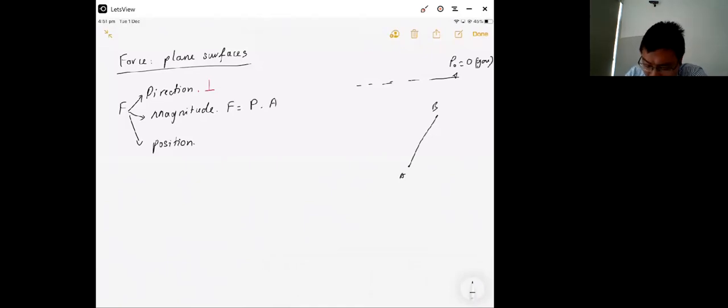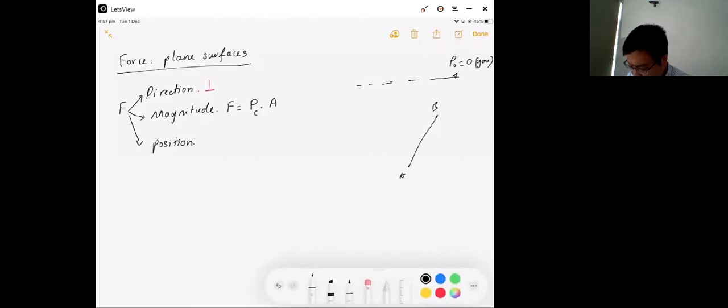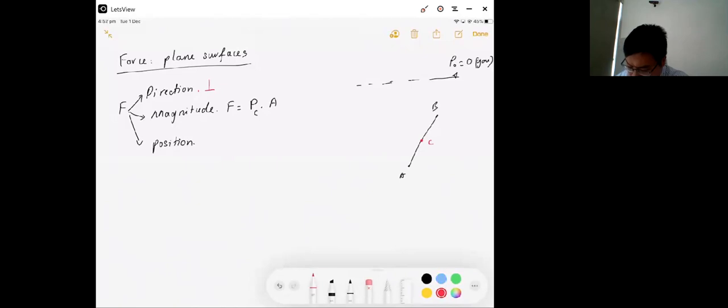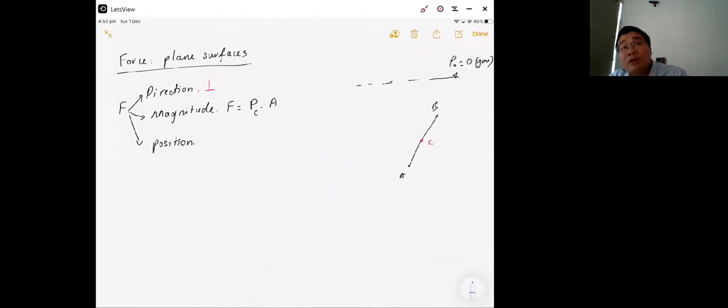And pressure in this case, for example in a liquid, will be equal to pressure at C, which C is the centroid of AB. So magnitude of force will equal pressure times area, where pressure is the pressure at C. And you can find pressure C based on pressure at O or on the water surface.